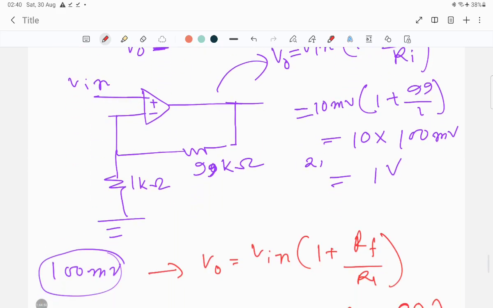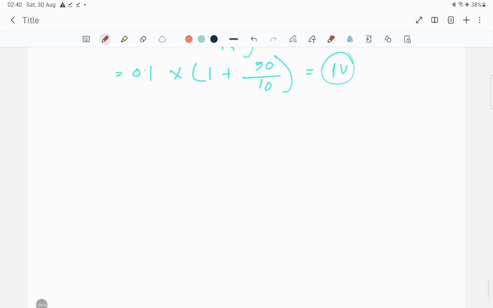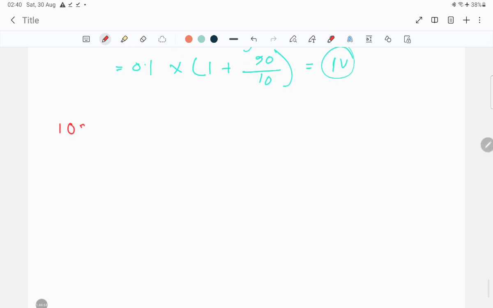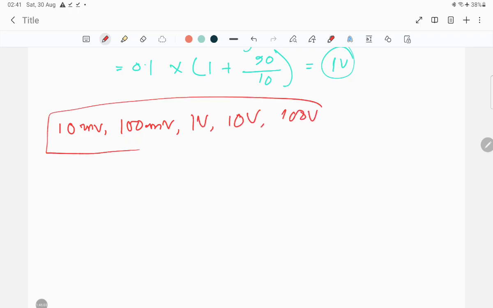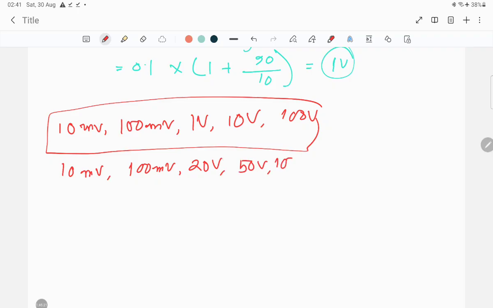Suppose over here it's showing 10 millivolt, then 100 millivolt, then 1 volt, 10 volt, then 100 volt. These are the orientations. Now instead of this, suppose 10 millivolt is there, then 100 millivolt, then suppose 20 volt, 50 volt, then you have a 100 volt arrangement.